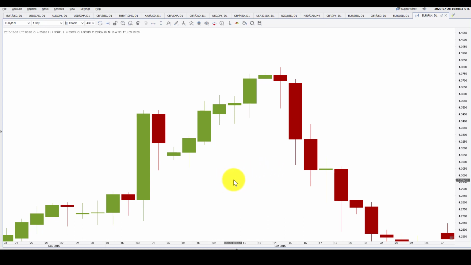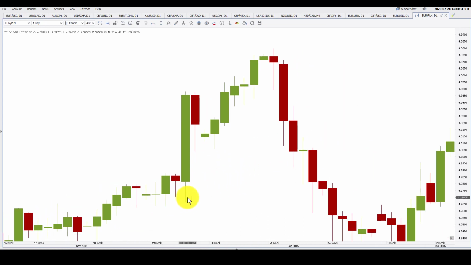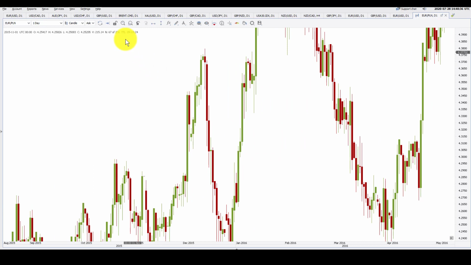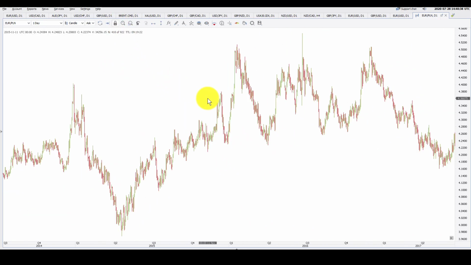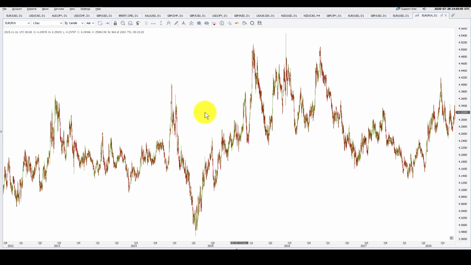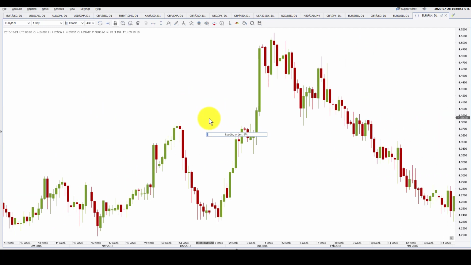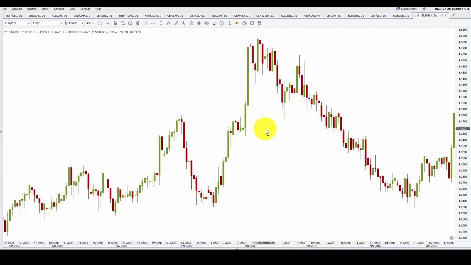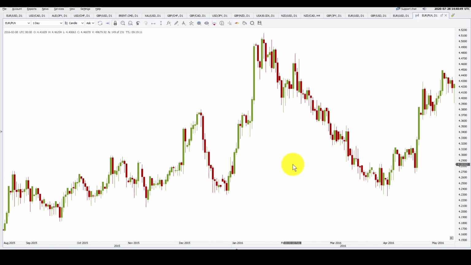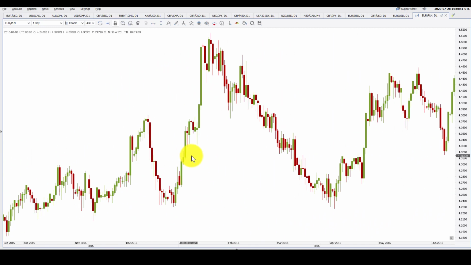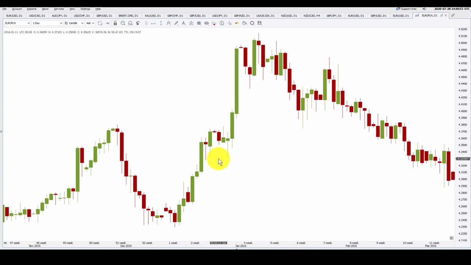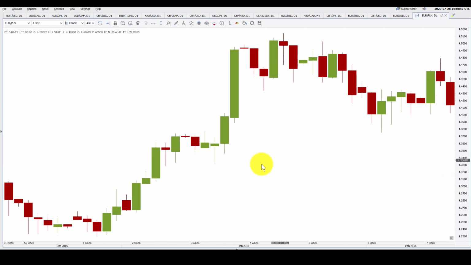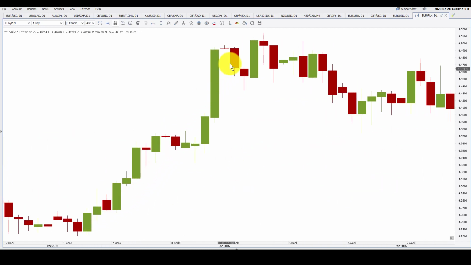Okay, now the last example is the euro versus the PLN. Now here you see that the advance was good. There was a good advance in the price.